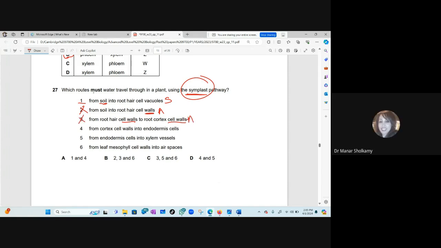Four, from cortex cell walls into the endodermis cells, into the cell. Symplast. Okay. Five, from the endodermis cell into the xylem vessel. Symplast. It should be symplast because it will cross the cell. Six, from the leaf mesophyll cell walls into air spaces.